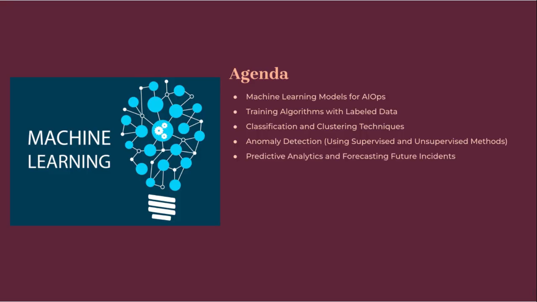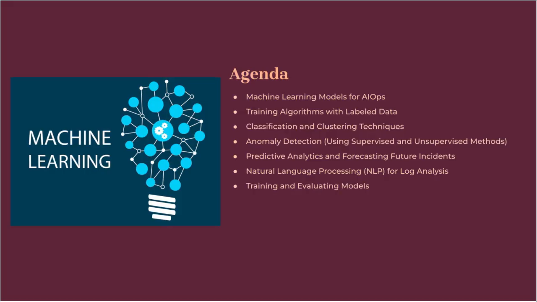major issues. Moving forward, we'll discuss predictive analytics and forecasting future incidents, where machine learning helps anticipate problems before they impact business operations. We'll also introduce natural language processing, NLP, for log analysis, demonstrating how AI can analyze logs, detect patterns, and automate issue resolution.